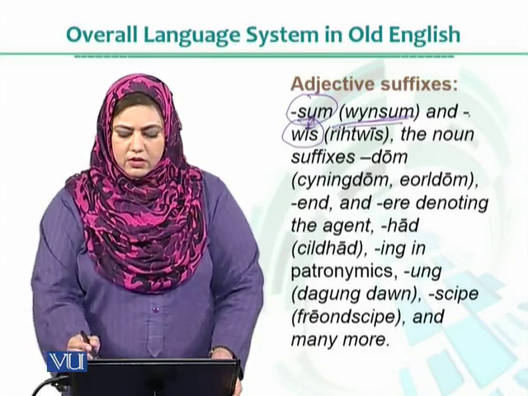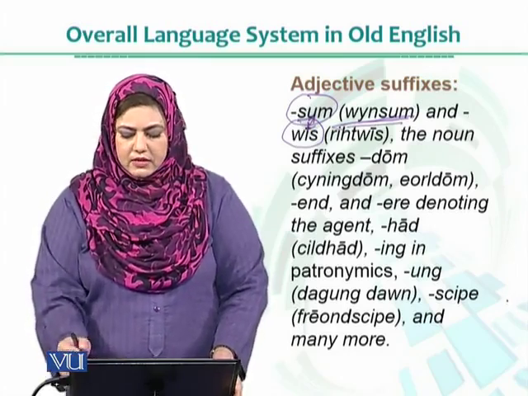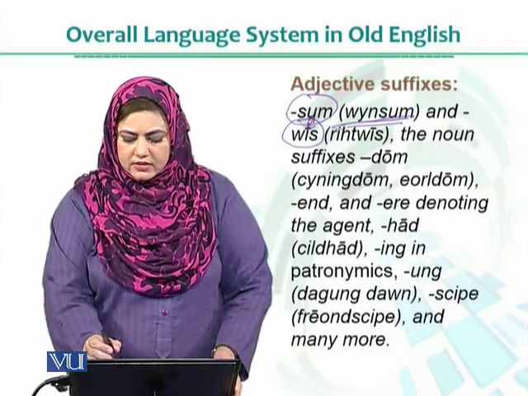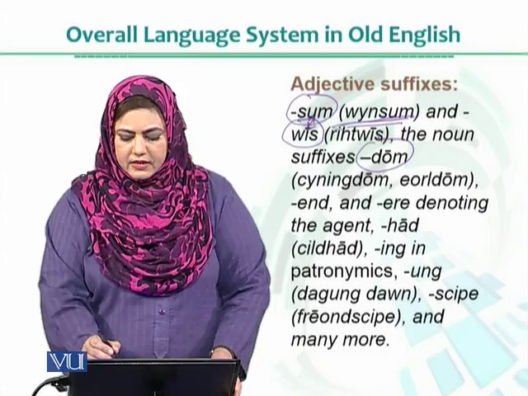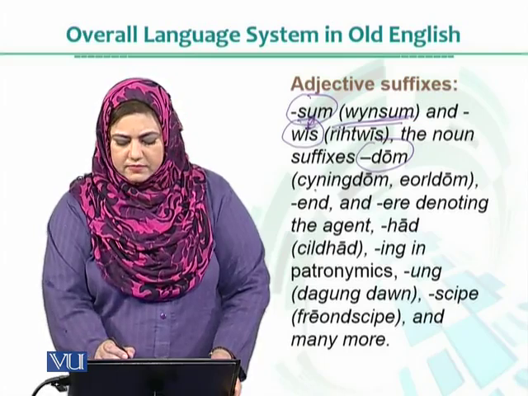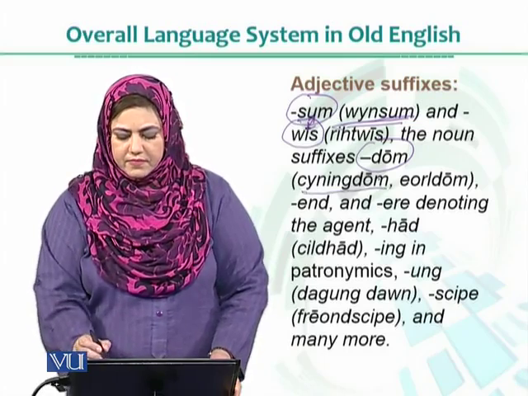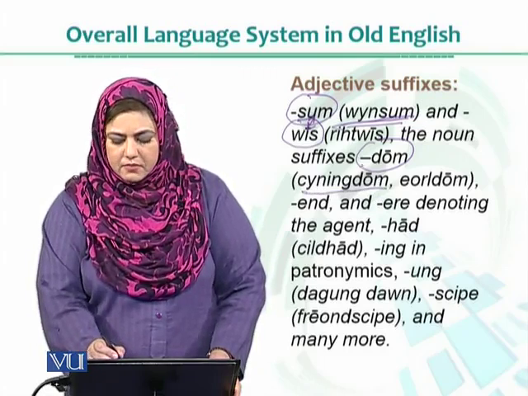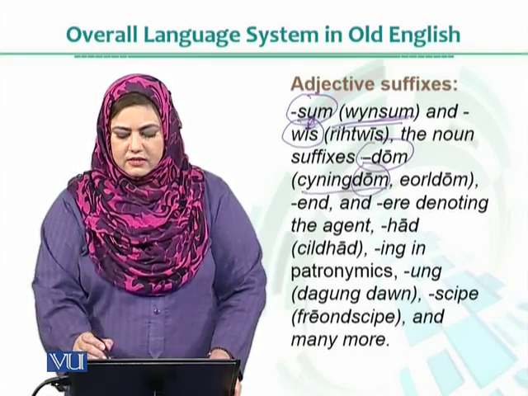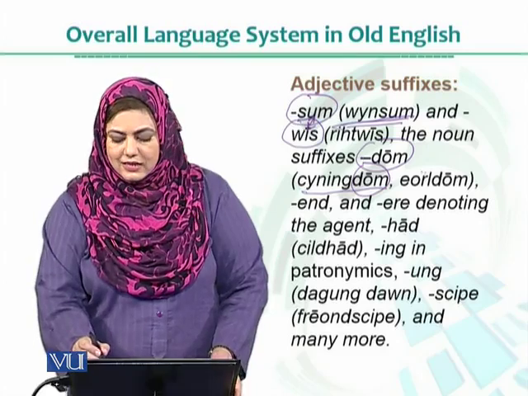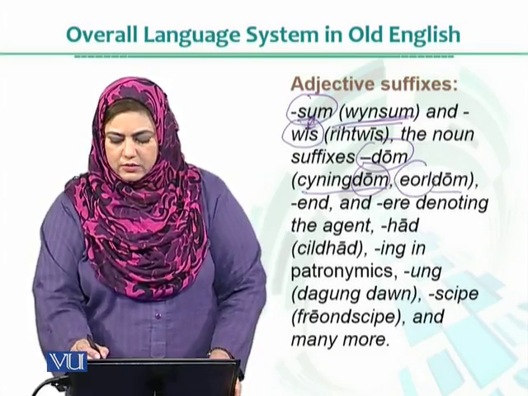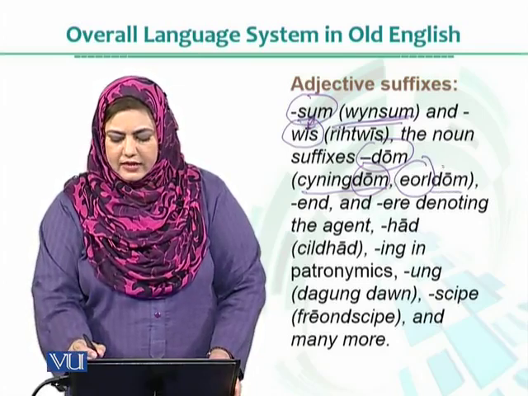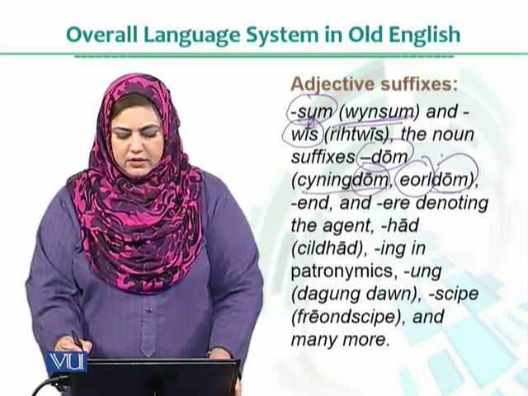So this is how combinations are made. Again, notice the use of this suffix that is used here. Kingdom, here dom is added. Earldom, to the word earl, this is the main word, and dom is added as a suffix to that.